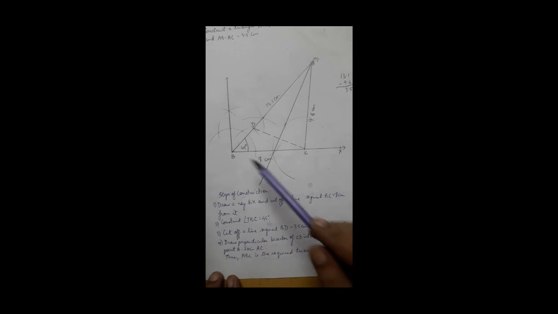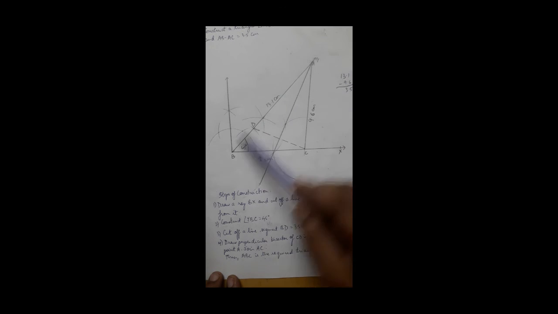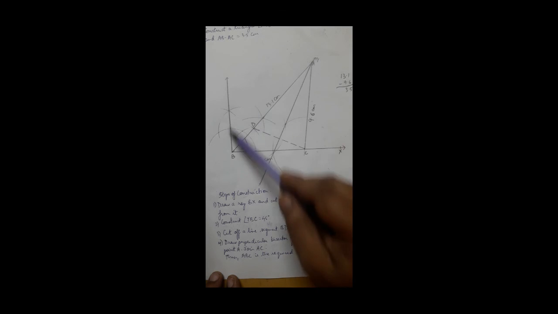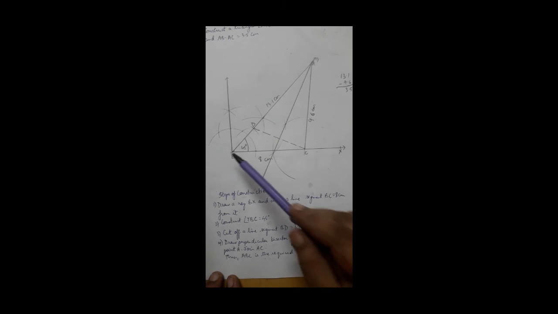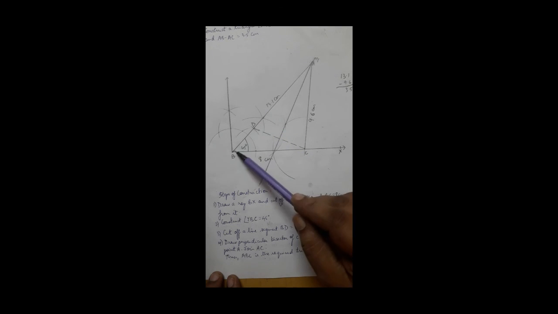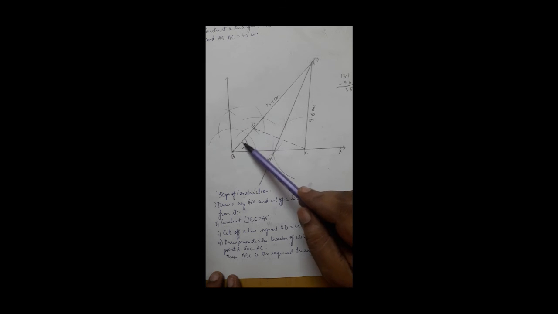Once we drew BC, then we drew an angle YBC equal to 45 degrees. That was an angle bisector of this perpendicular. Once that was done, we cut from here 3.5 centimeters. So BD was actually 3.5 centimeters.